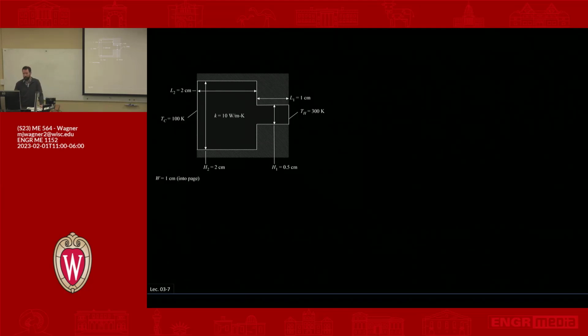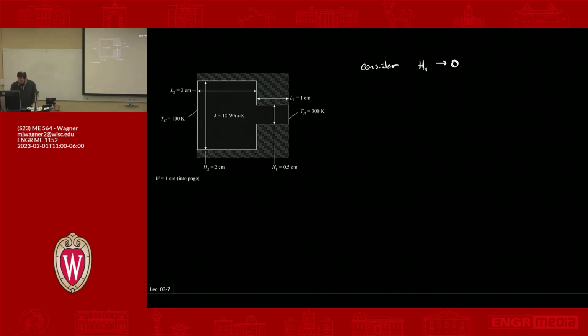To help out with this, let's think about this pathological or extreme case where the height h1 is going to 0. So consider the limit as h1 approaches 0, and what happens in the different resistance models that we have.